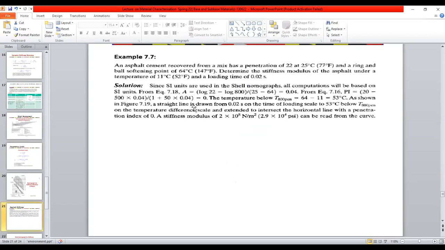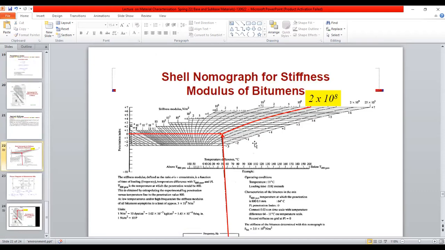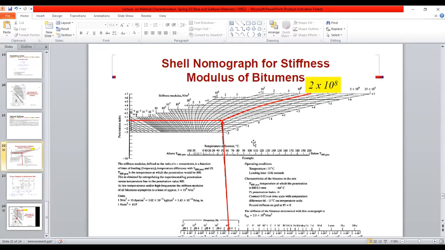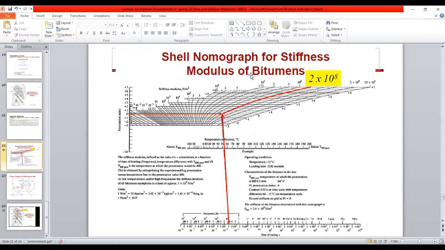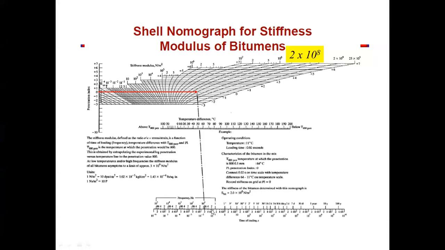So we have calculated this, and how we use this chart is, first we calculate the stiffness modulus of bitumen, and then we use this value to calculate the stiffness modulus of the mixture. Let me show how it is done. This is the type of loading that is given to you, and then there is a temperature difference.